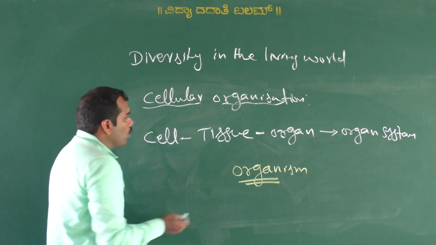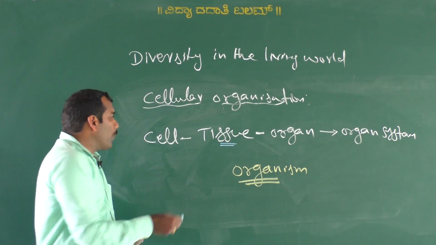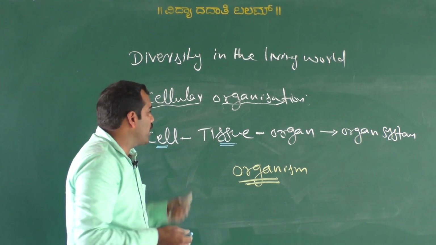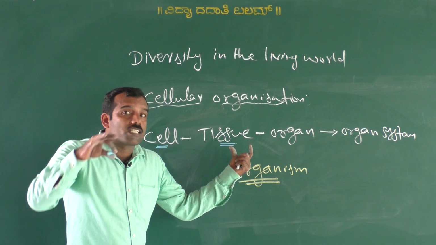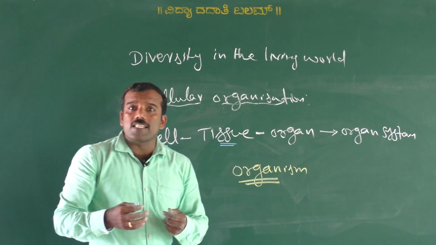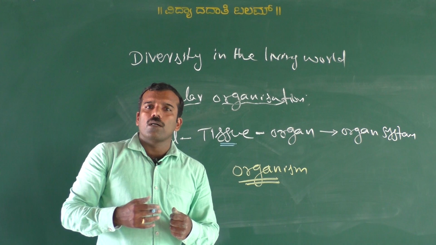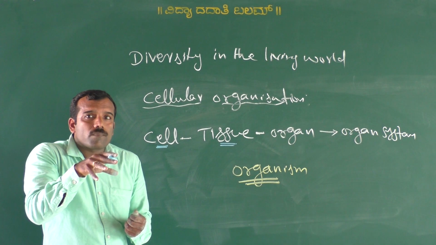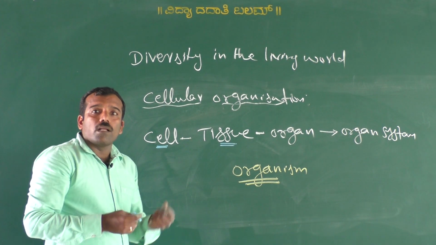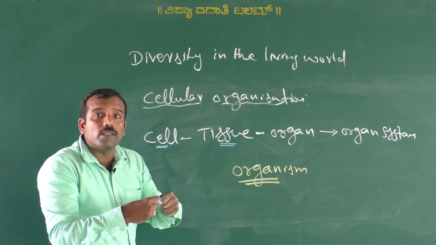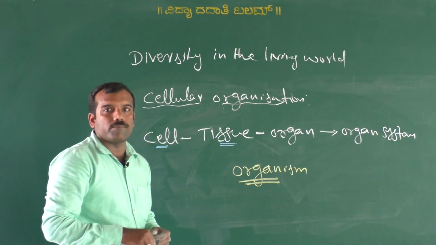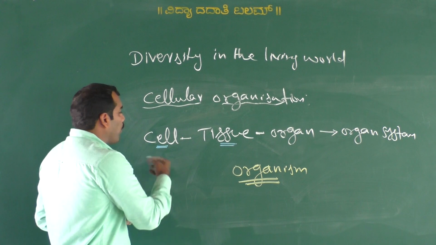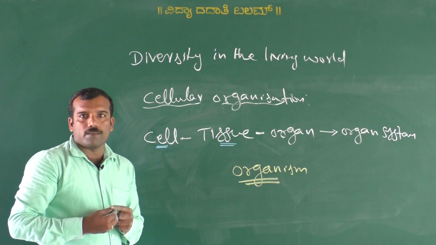One more thing: the properties of a tissue are not present in the cellular constituents, but definitely there is an interaction between the cells to form a tissue. Similarly, in the cell there are different organelles like mitochondria, Golgi complex, ribosome, nucleus. The characters of these organelles are not found in their molecular constituents. But because of the interaction of these molecular components, different cell organelles form in a cell.